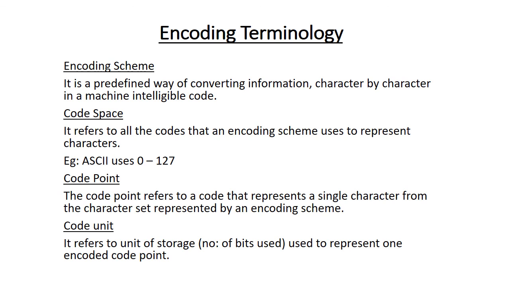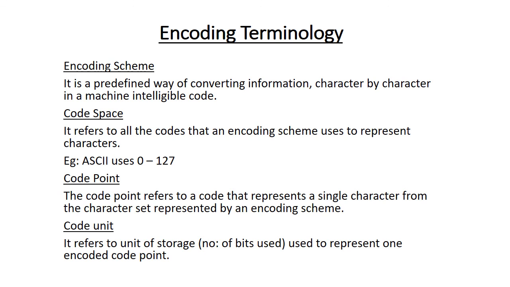Encoding terminology. Encoding scheme: it is a predefined way of converting information, character by character, into a machine-intelligible code. Code space: it refers to all the codes that an encoding scheme uses to represent characters. For example, ASCII uses 0 to 127 numbers.